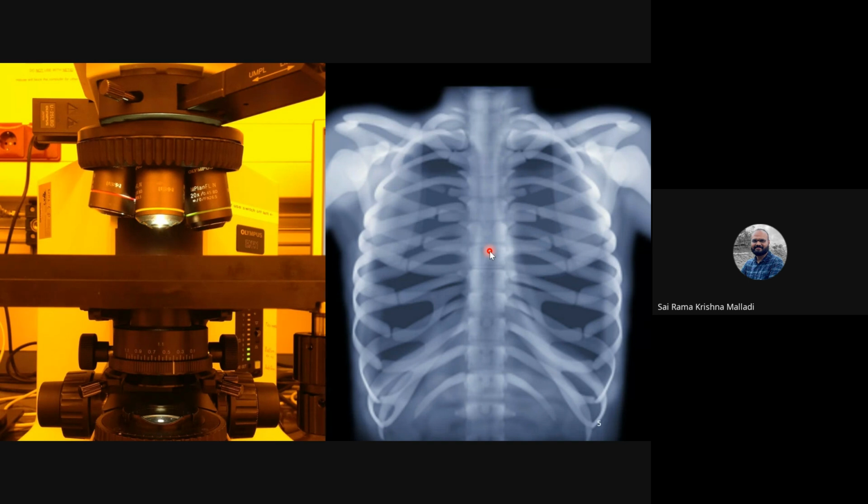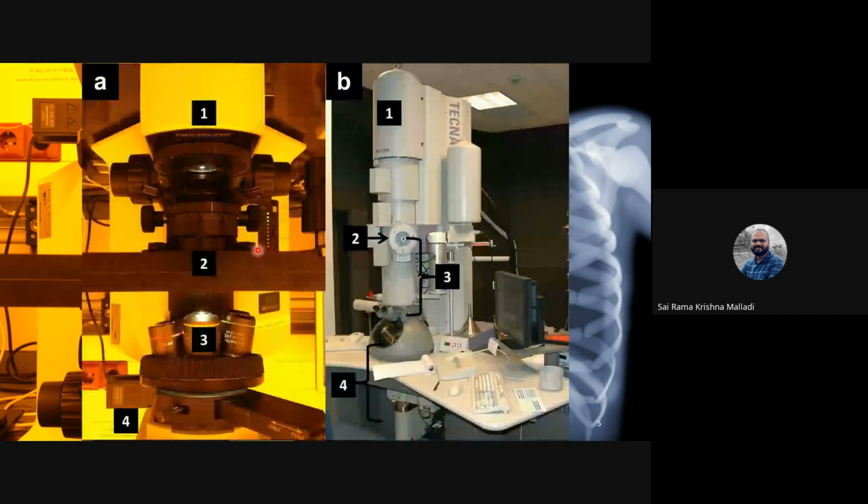So if I think of a technique in which I use a microscope that also uses radiation which can be transmitted through a sample, that is what is called a transmission electron microscope. If I turn the microscope upside down, the number 1 is the source, 2 is a stage, 3 is lenses, and 4 is where your detector is.